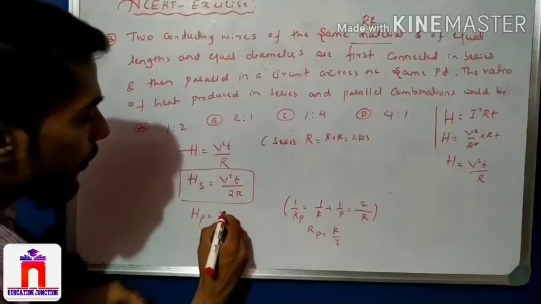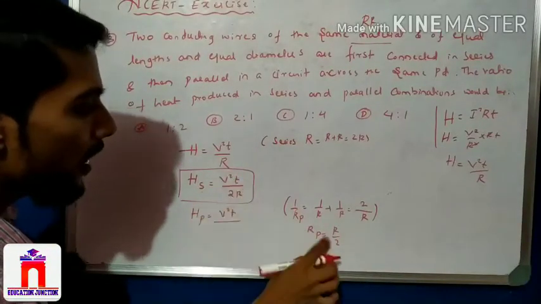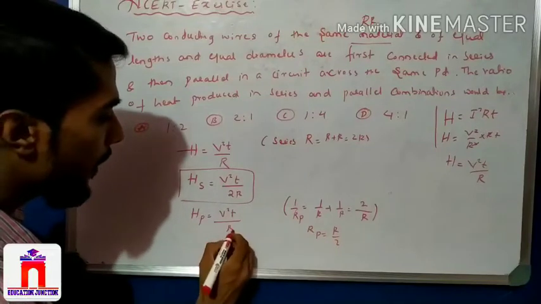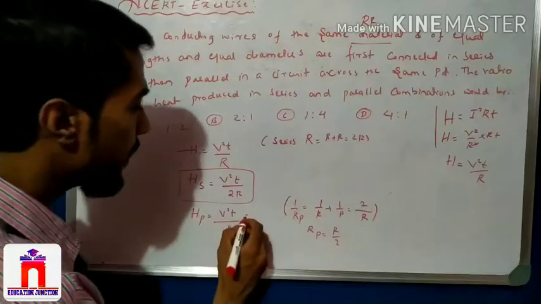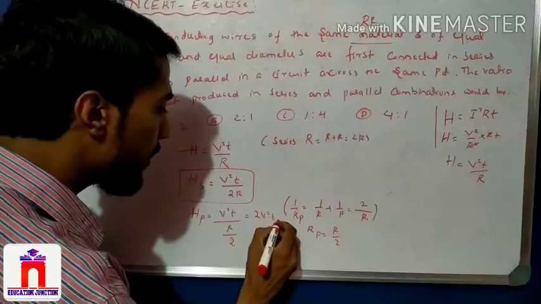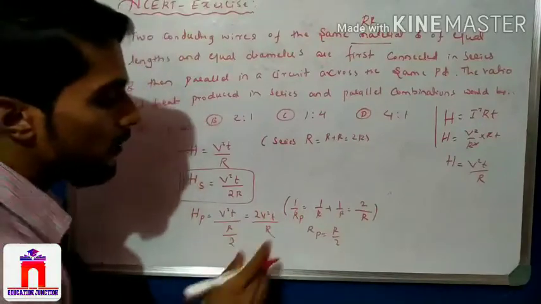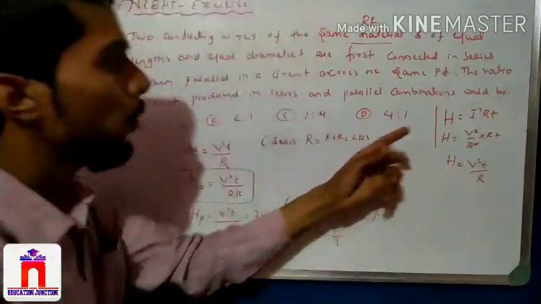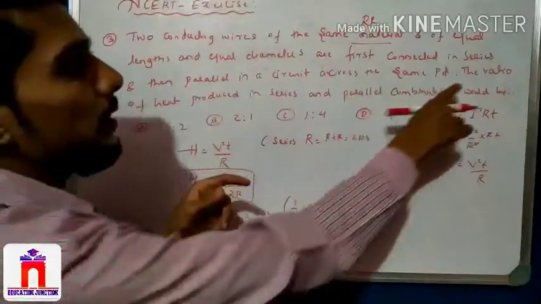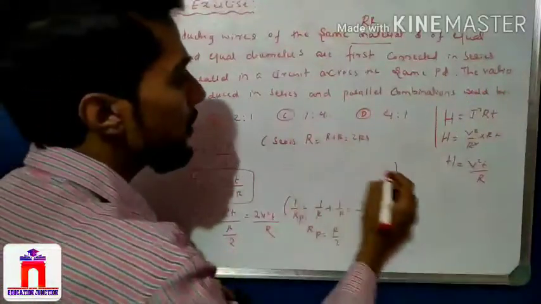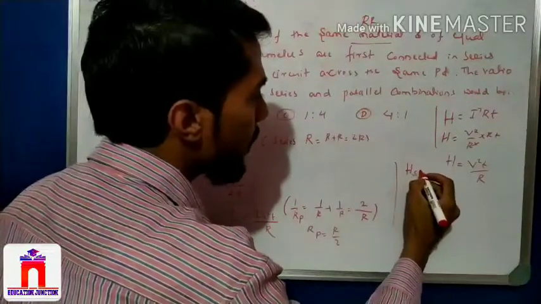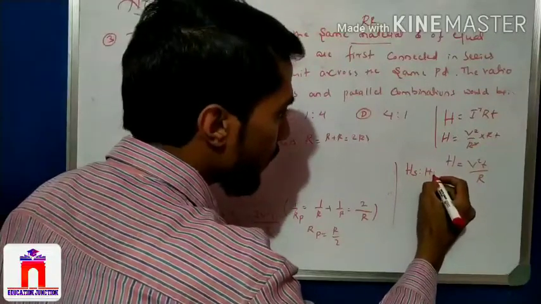Again the same formula, V square T divided by R, where R is now R by 2. So 2 upside, we get 2 V square T by R. Now we have to write the ratio, the ratio between heat produced in series and heat produced in parallel.